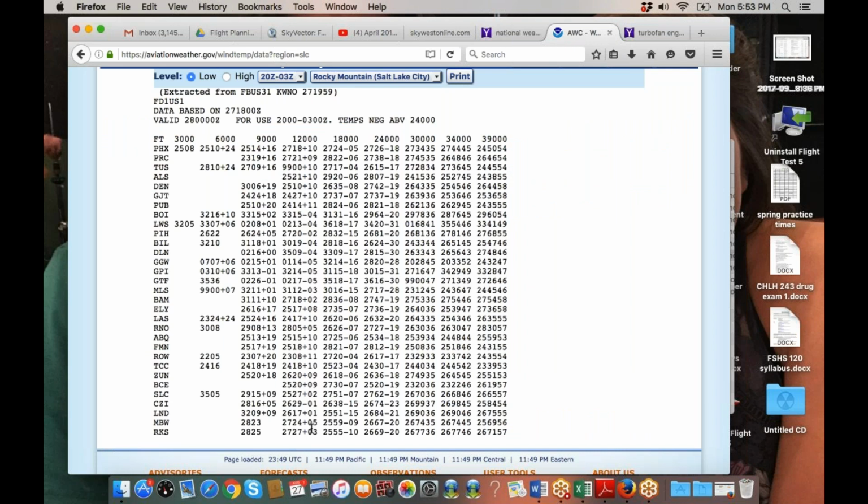You'll learn how to read these charts a little later on when we go through weather and stuff. But right now, we'll just look at Phoenix, because I want to go over some weather stuff. We're going to look at different isodeviations.